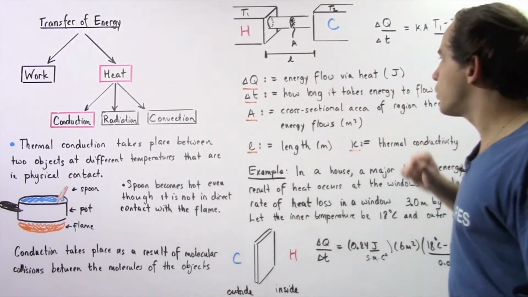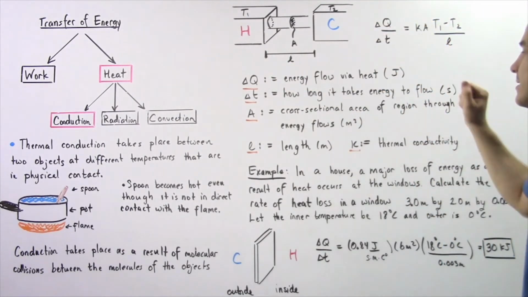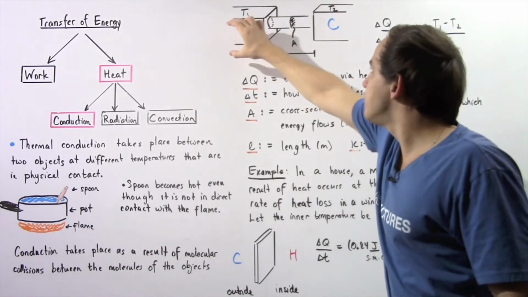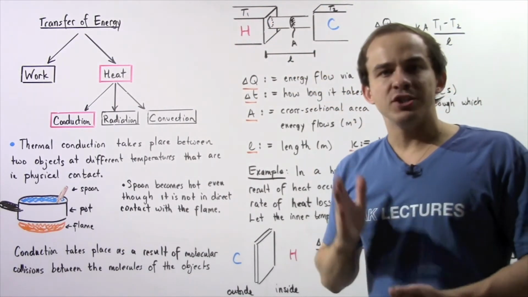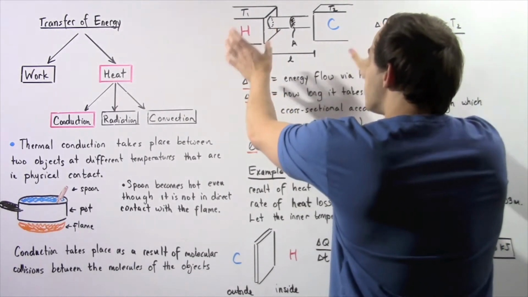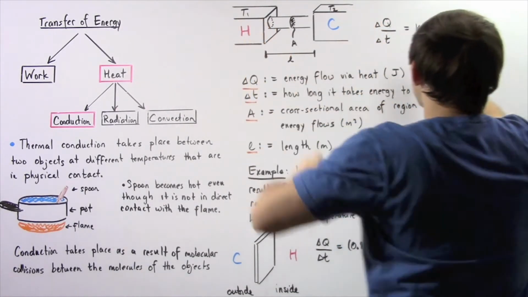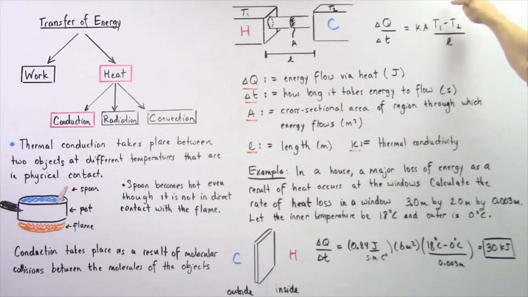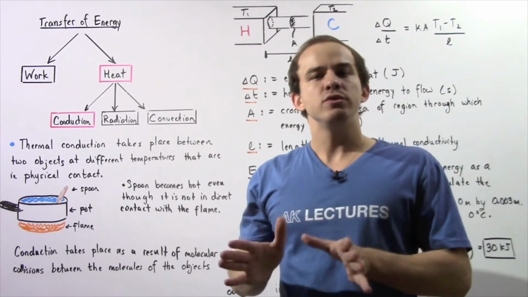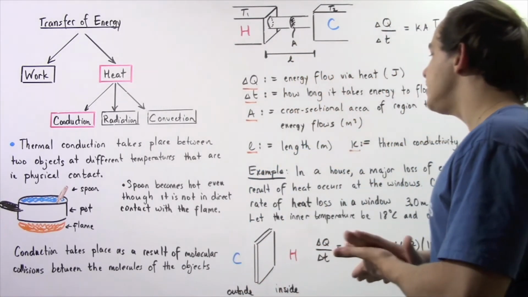Now if the L increases, it decreases. And if the k increases, that implies the amount of energy transferred also increases. And finally, if the difference in temperature between our two objects increases, if T1 minus T2 increases, the energy flow per unit time will also increase.